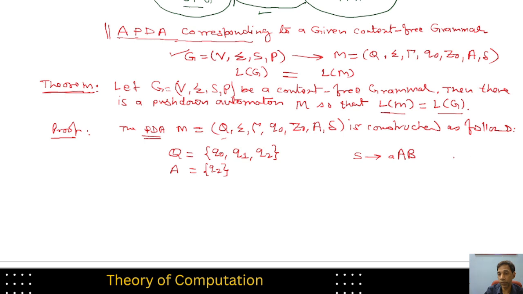You may be given a string x, say for example x is abba, and you will be asked whether this string can be generated by the grammar or not. Once you have the grammar, you may have some string, say x is equal to abba. This is just for the example. And we need to verify whether this sentence is in the language of this grammar or not.